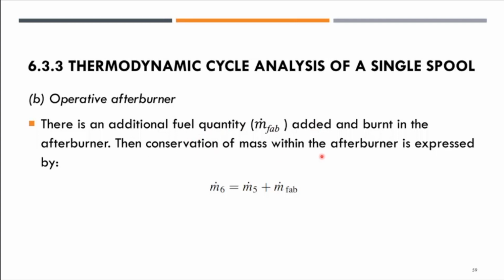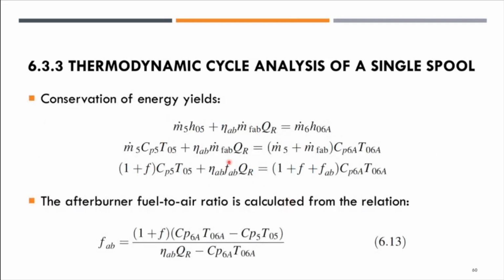Then conservation of mass within the afterburner can be expressed as this equation, with the component of the mass flow of the new injection fuel. Using conservation of energy yields the following. I'm not intending to pronounce all of that. So the afterburner fuel to air ratio is calculated from this relationship.